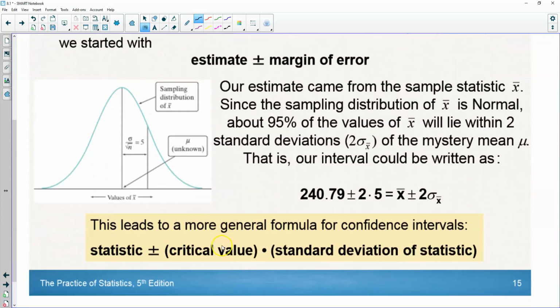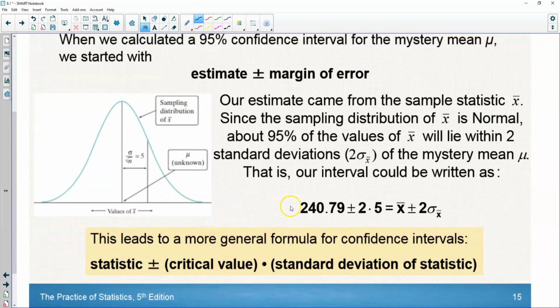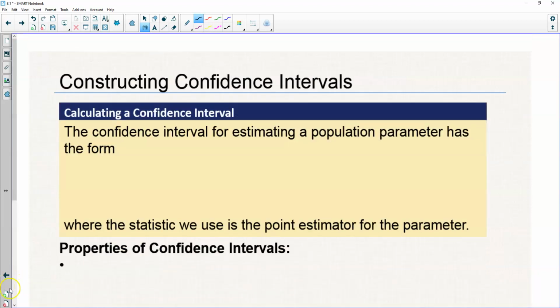If we were going to use a larger confidence, then it would be more standard deviations away from the mean. That number of standard deviations is what we call the critical value. So the critical value is how far away from the mean we are in terms of standard deviations, and then we multiply that by the standard deviation of the statistic. So let's get into that form and talk about it more specifically.